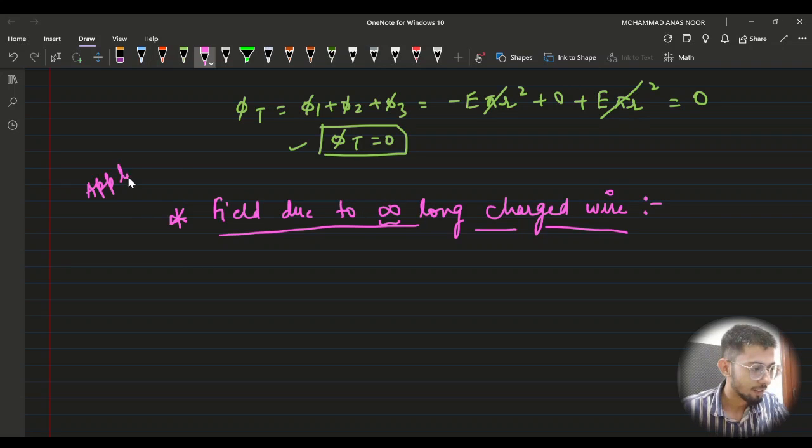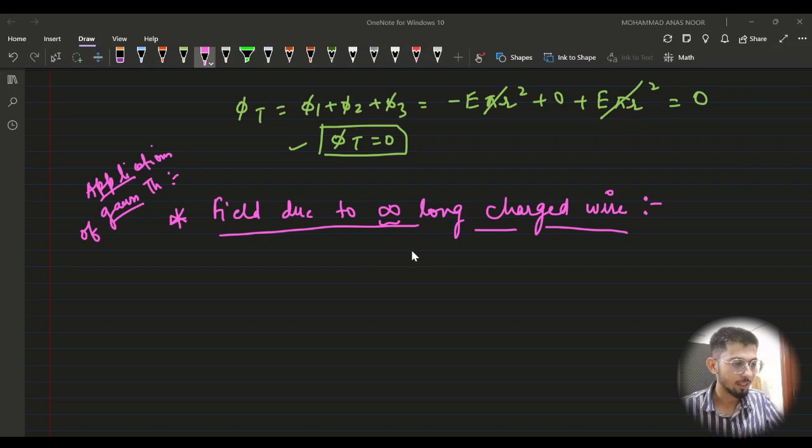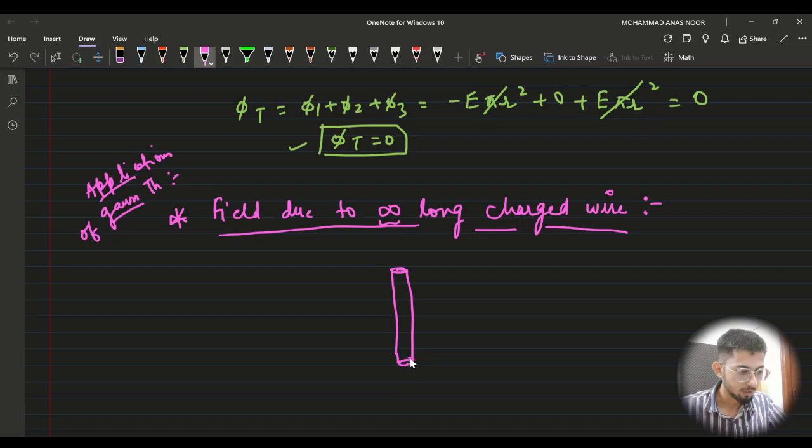This is the application of Gauss law, or Gauss theorem. There is an infinitely long wire, right? Let us first draw a wire. Suppose this is a wire. I cannot draw it infinitely long, but we'll assume that it is infinitely long. And it has a uniform charge density.